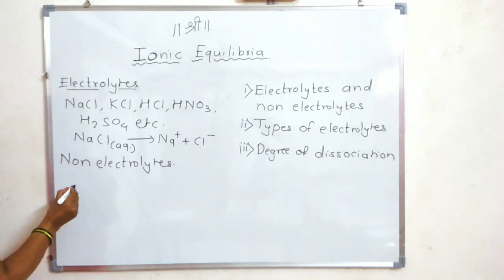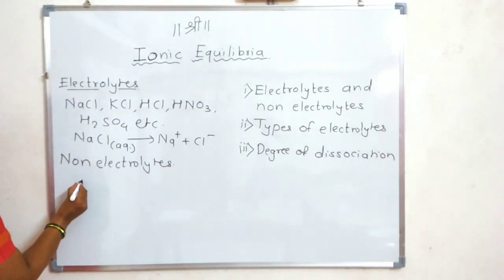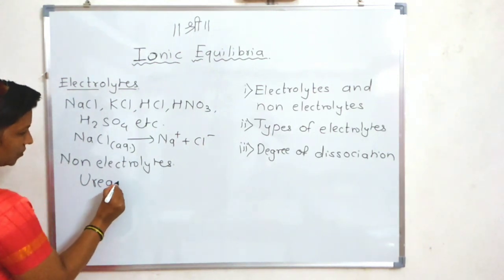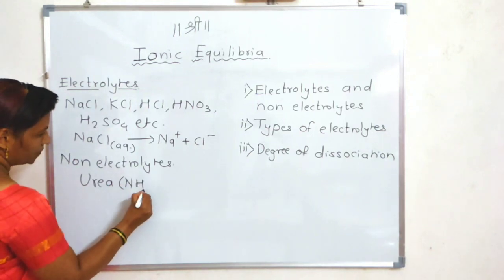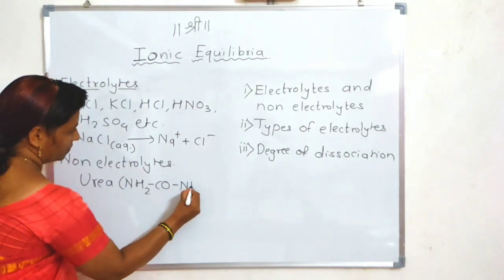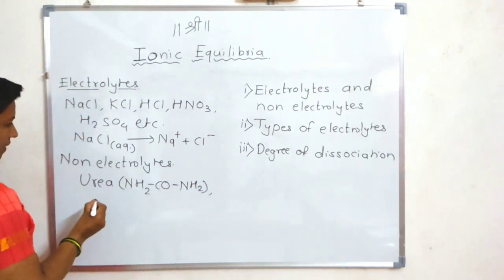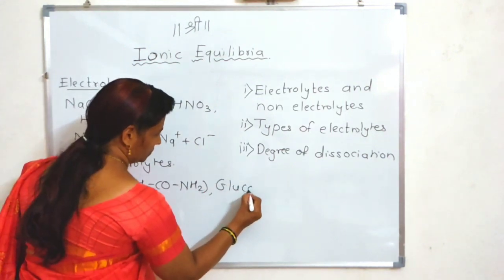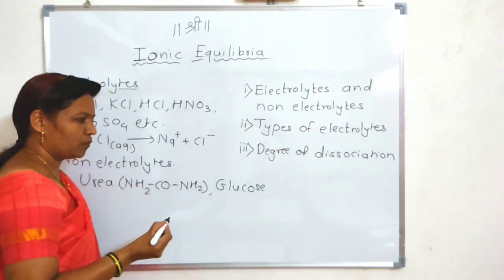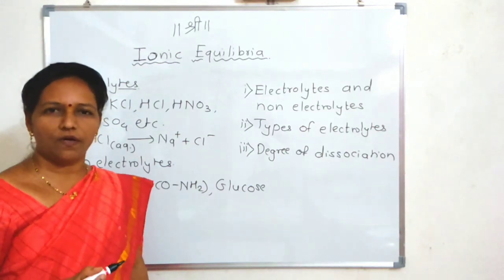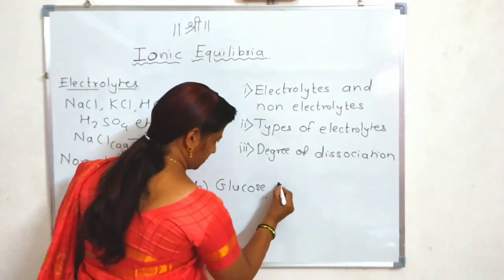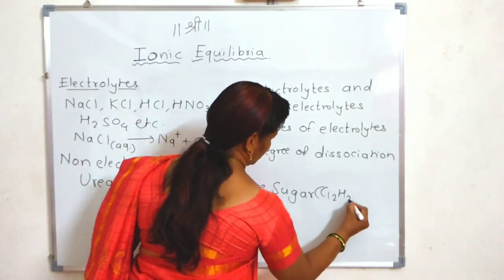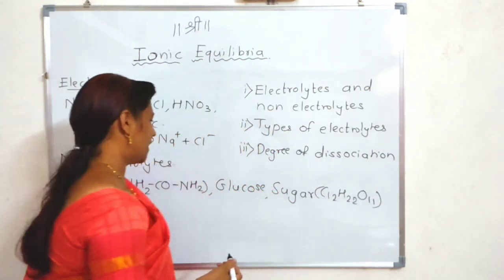Examples of non-electrolytes: urea, whose formula is NH2CONH2; glucose, whose formula is C6H12O6; and sugar, whose formula is C12H22O11.